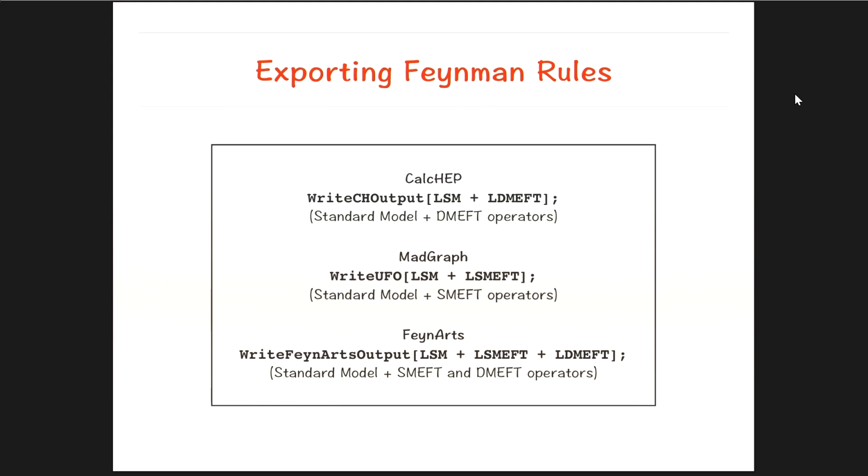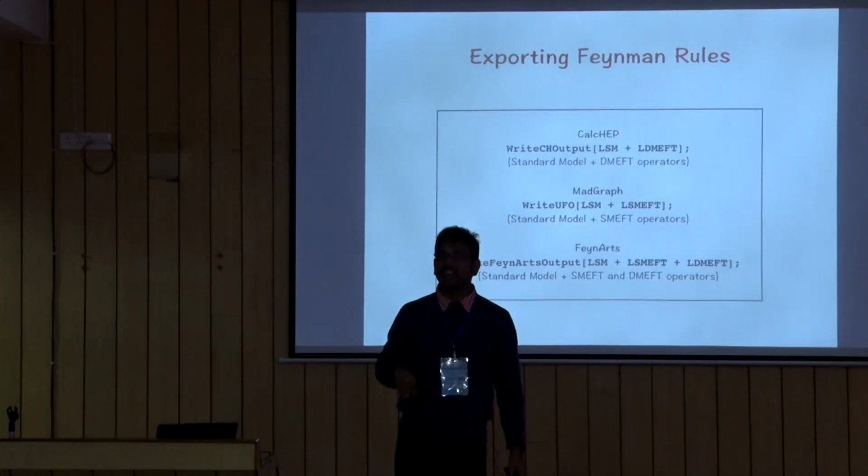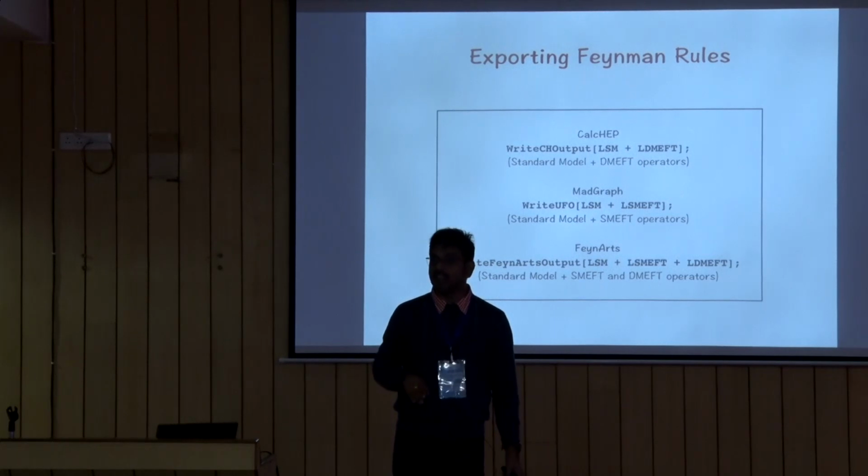Yeah. So then the part which we couldn't talk about, that there are options in FeynRules that you can generate the files which are compatible with incorporating in MadGraph, which are called this. So these are the commands, for example, write CHO output. This will help you to feed the model into micrOMEGAs and do your relic density and direct search calculations.